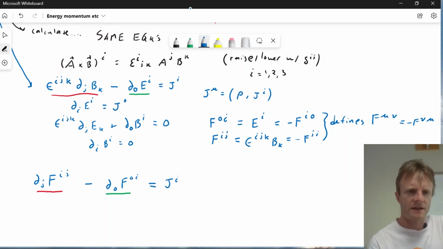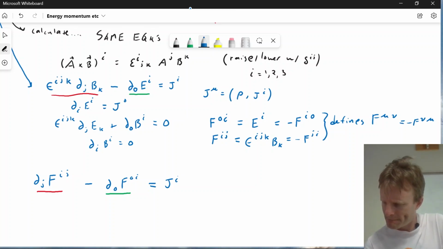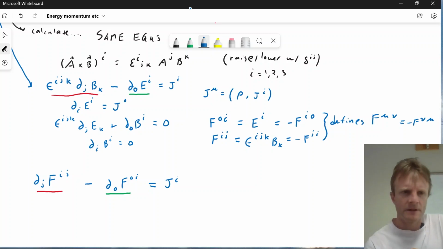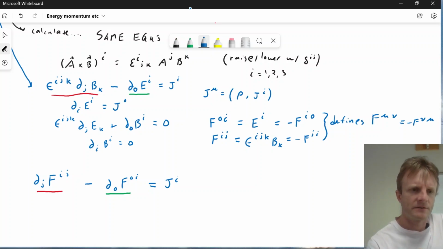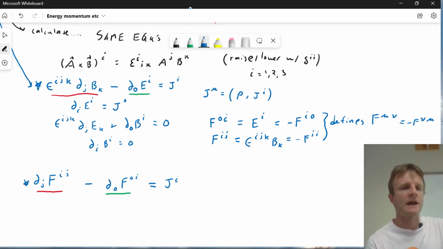I guess the second equation, might as well do it. No, let's finish working on this one. So let's work on this equation star. And so now we just notice that we have a, I need to flip the indices. We're almost at a sum here. So I'm going to change this from 0i to i0.